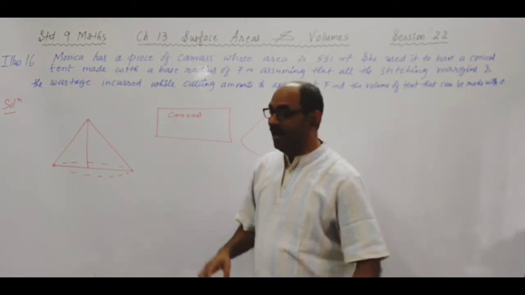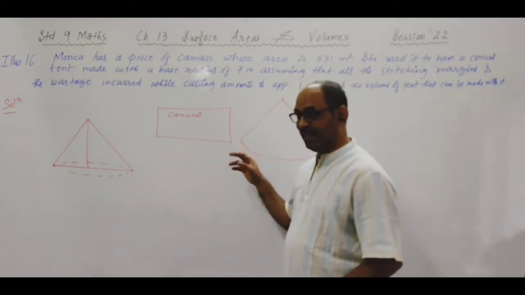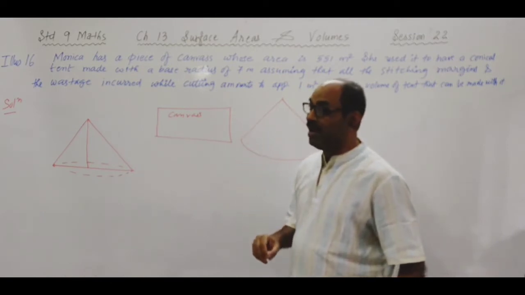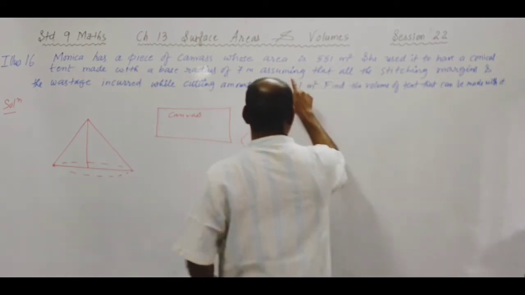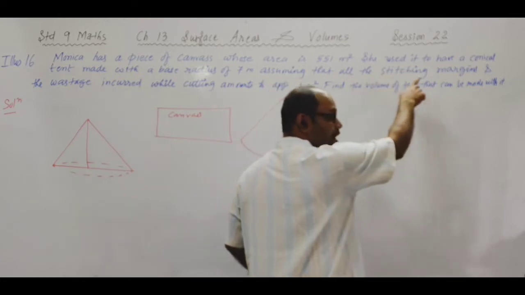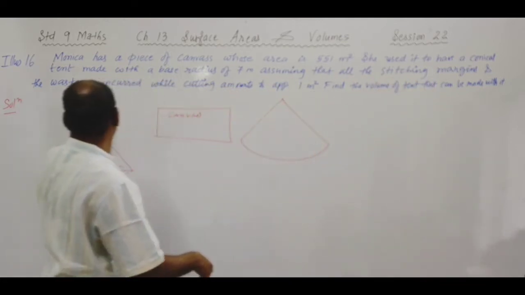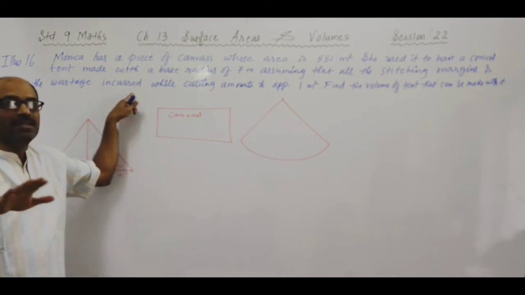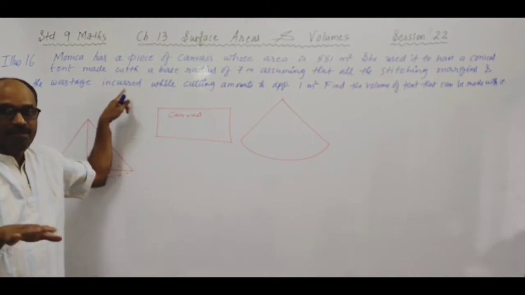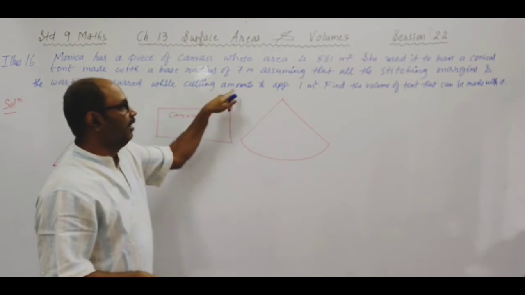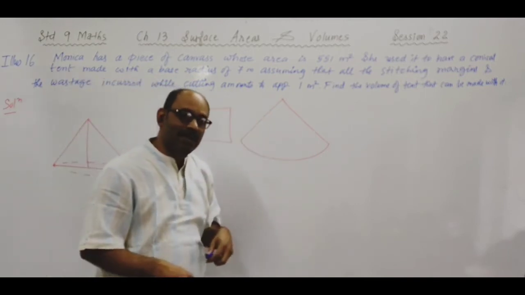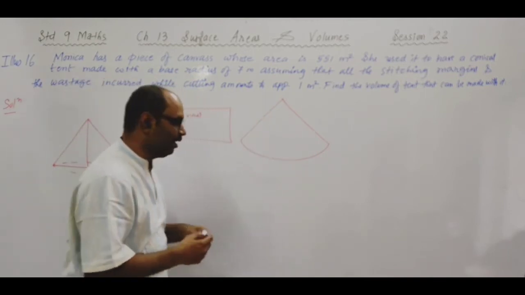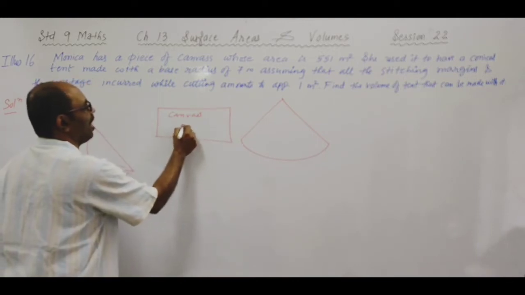But while cutting and stitching, some canvas is wasted. Assuming that all the stitching margins and the wastage incurred while cutting amount to 1 meter square approximately.